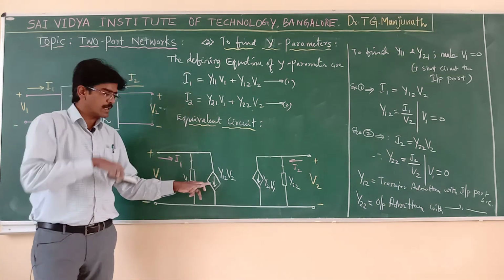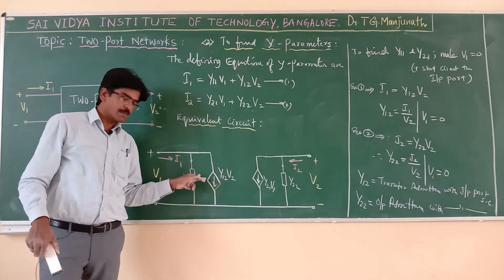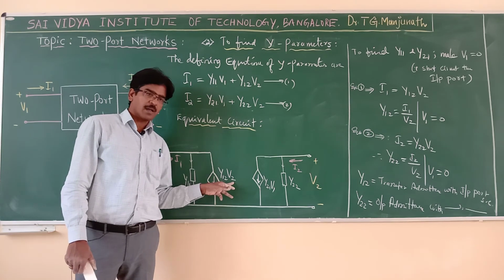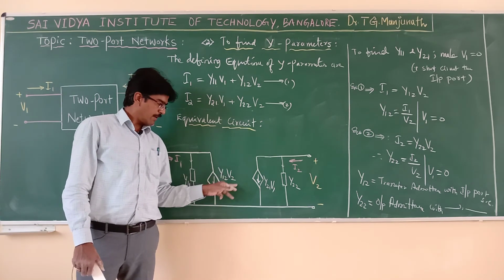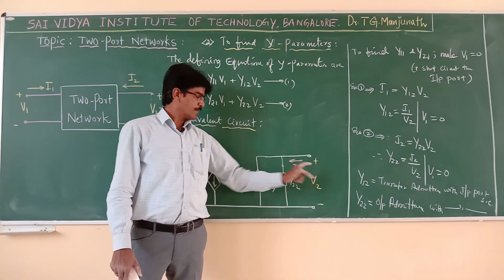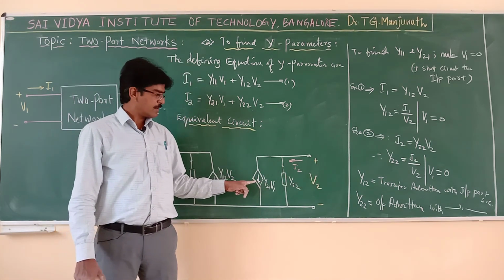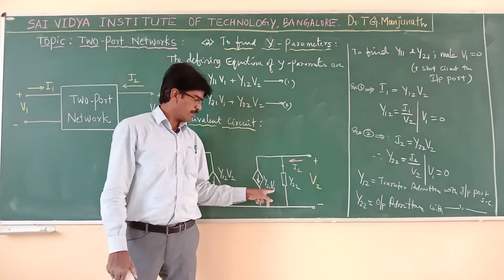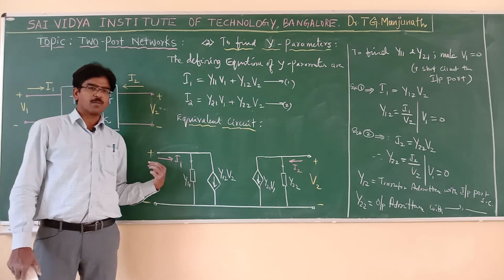The arrow symbol represents a dependent current source. This one depends on voltage V2, which is the voltage available at the output port. Again the other dependent source is a current source depending on voltage V1. Where is V1? V1 is the voltage at the input port.